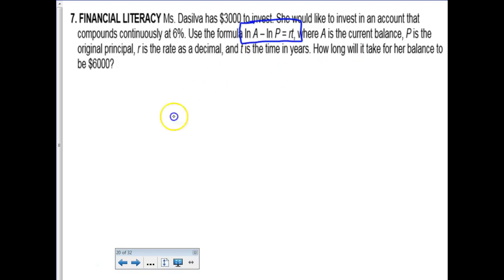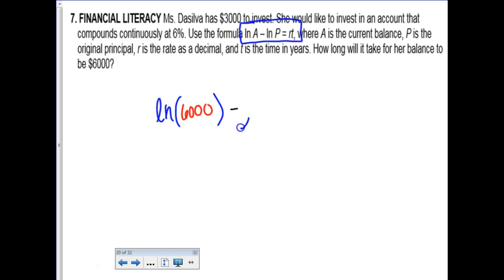So the formula starts off with natural log of A. They call it the current balance. What they mean by that is the final balance, because at that moment in time that is your balance. So she wants $6,000 after so much time goes by. So that's $6,000 right here.